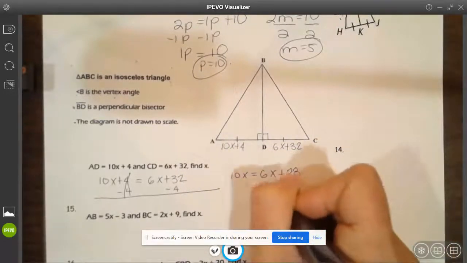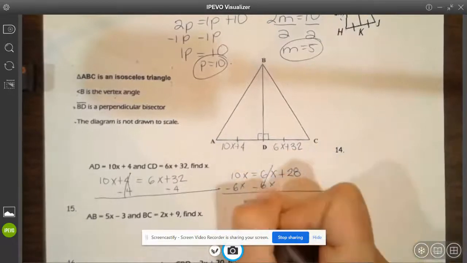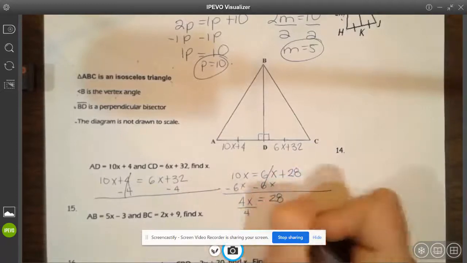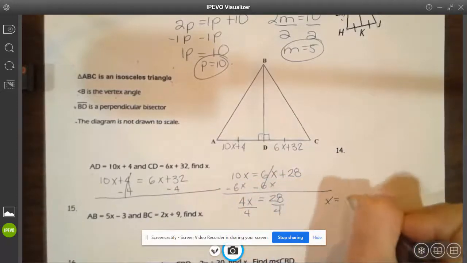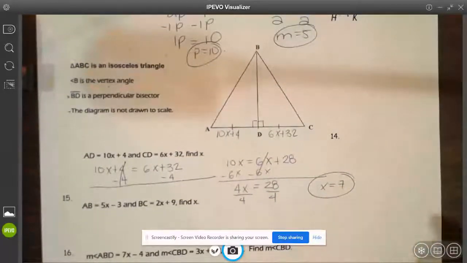And then you combine the 6x minus 6x. That goes away. And then we have 4x equals 28. And then you divide by 4, which is x equals 7. So that was my answer here.